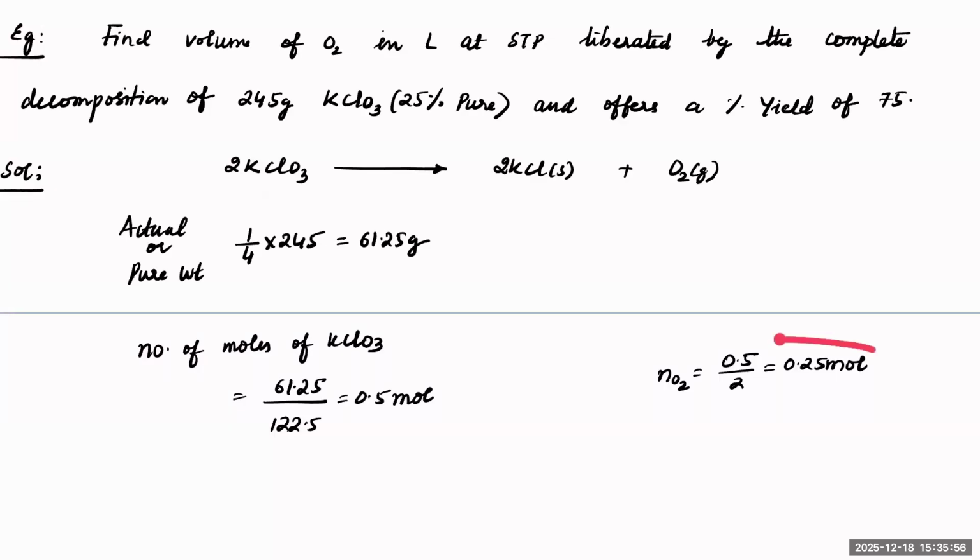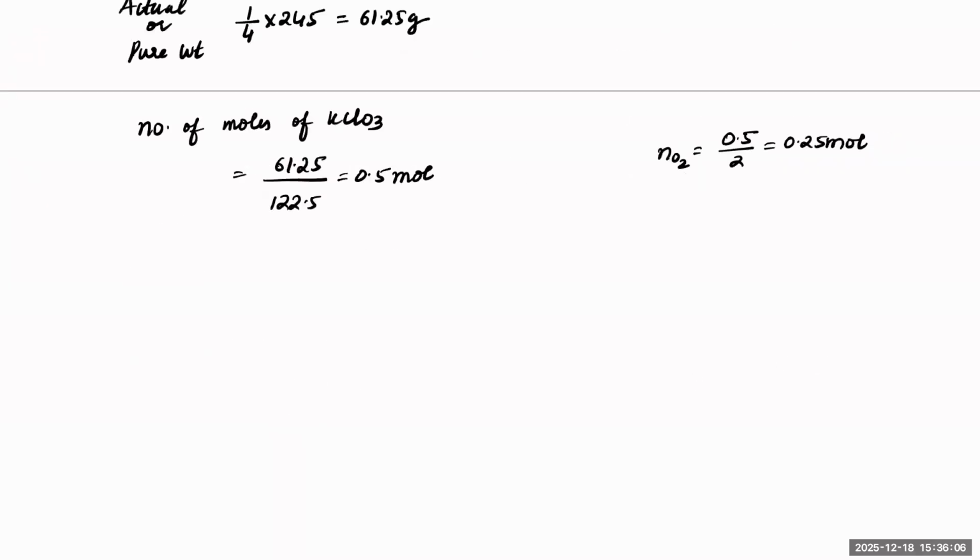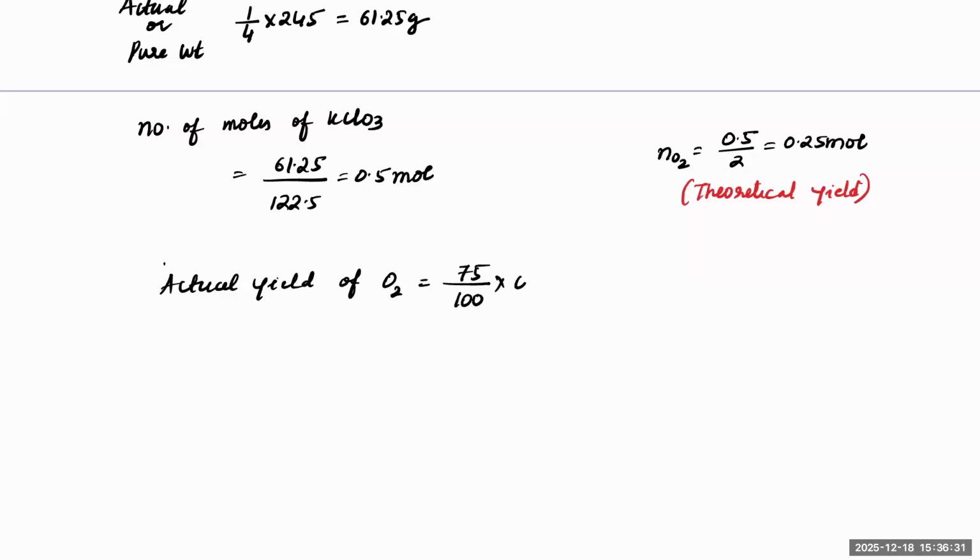But unfortunately, even this many moles we are not getting. We are only getting 75% of it. So therefore, this is called the theoretical yield. The actual yield of O2 would be equal to how much? 75 percentage, so 75 by 100 multiplied by 0.25.